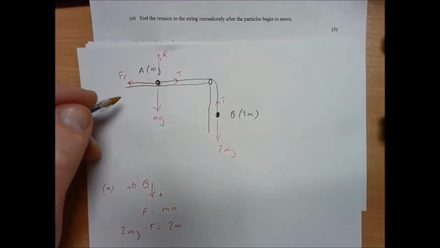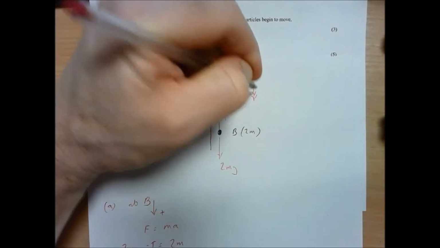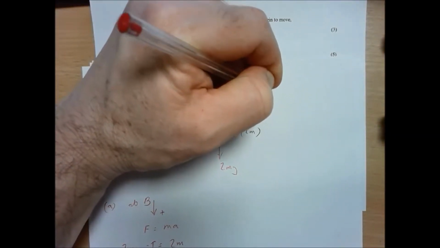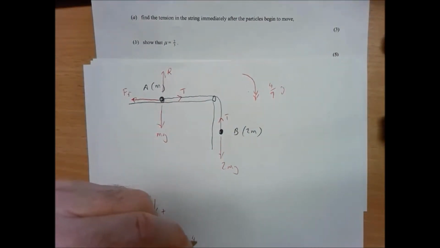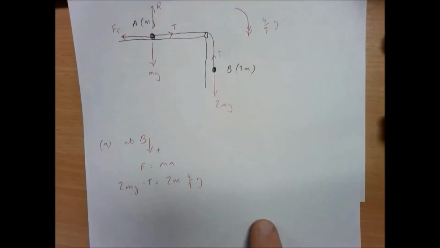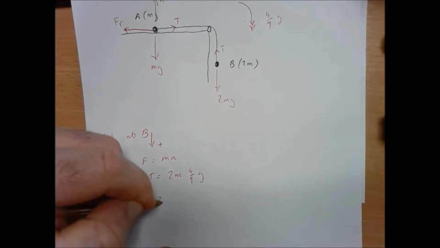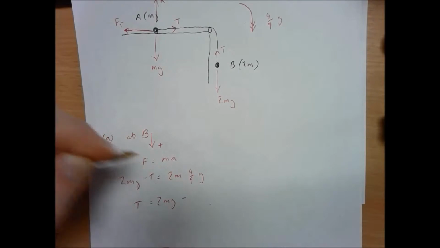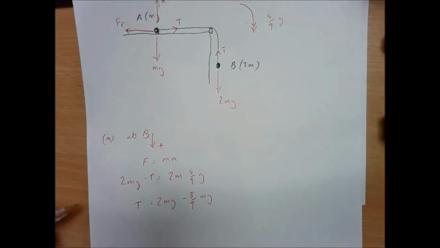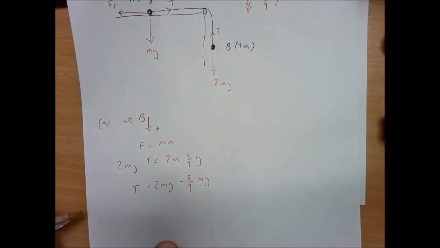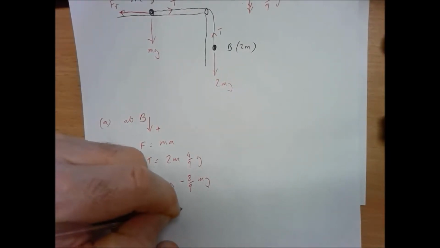Now the acceleration was actually given to us, and it was acting that way, 4/9 g. So that's my equation there. Tension, rearranging, is 2mg minus 8/9 mg, and that becomes tension equals 10/9 mg.